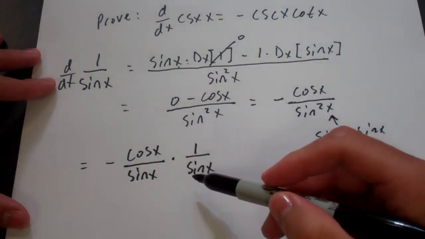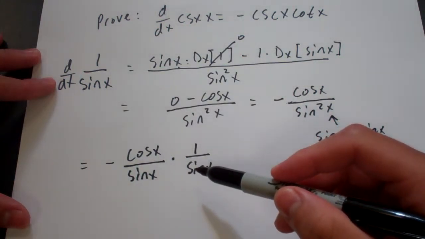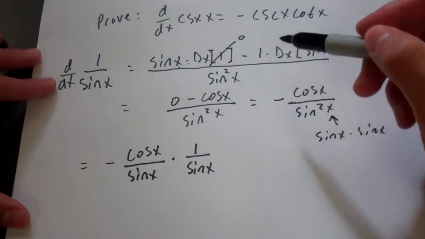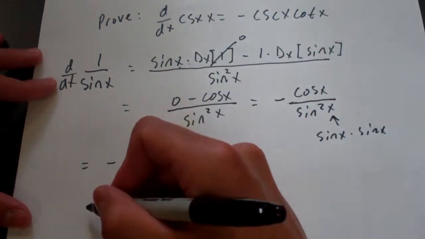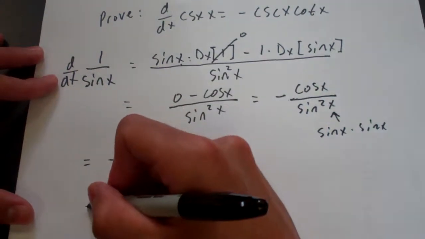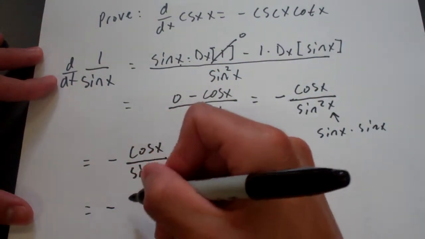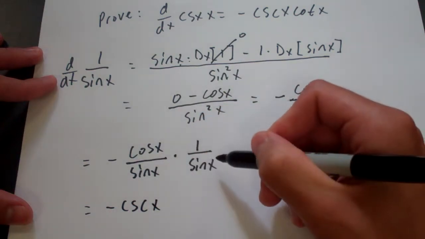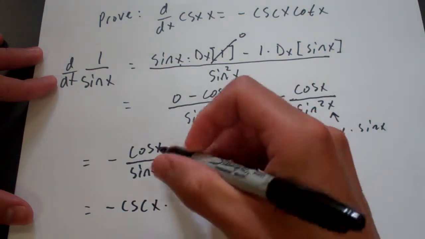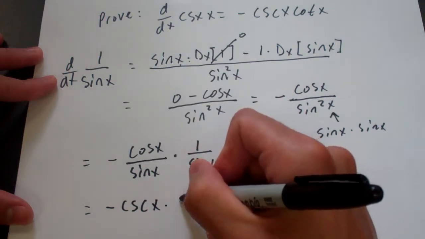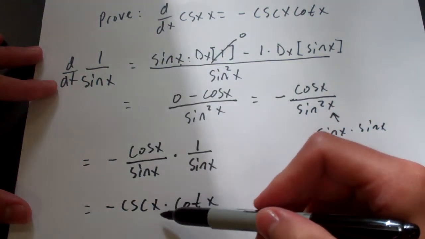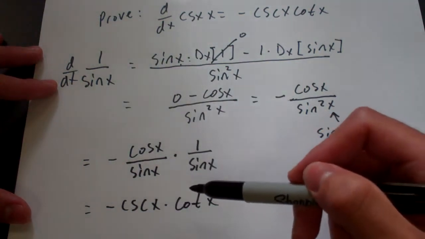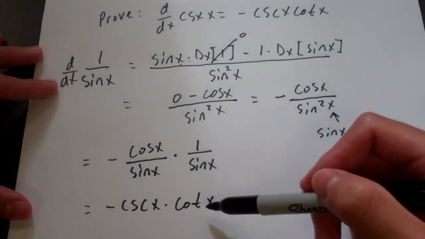And see, this is actually what this is, isn't it? But I'm going to rewrite it just to make it look like that. This is actually cosecant x, so I'm going to say this is equal to negative cosecant x, and then times, this is actually cotangent x. So there's our derivative. Now, we don't necessarily have to write it this way, but it's helpful to simplify it in this manner.